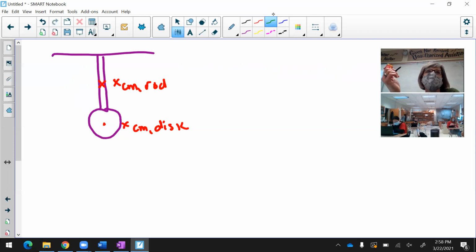So if the center of mass of the disc is in the middle, we'll let this be X equals 0 up here at the pivot point, because that's what I'm supposed to be measuring with respect to.